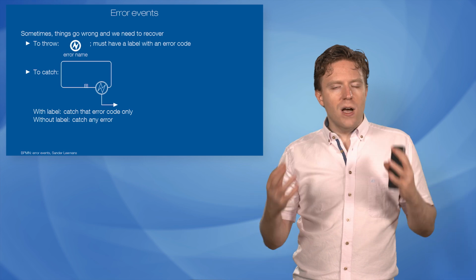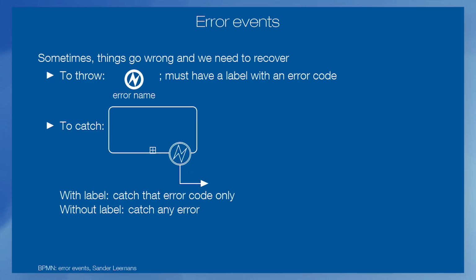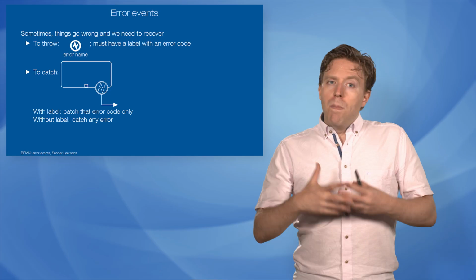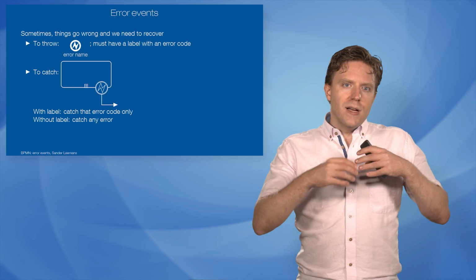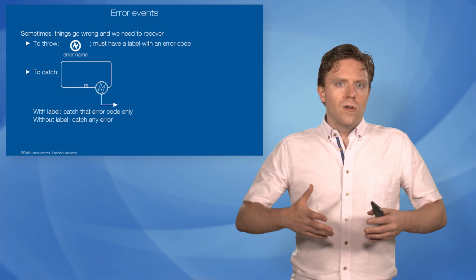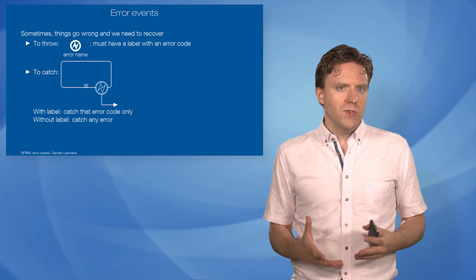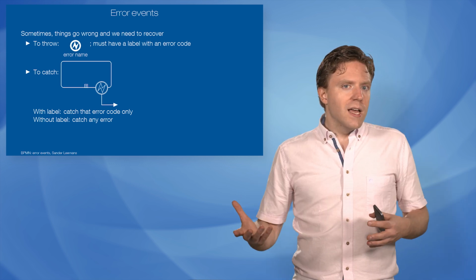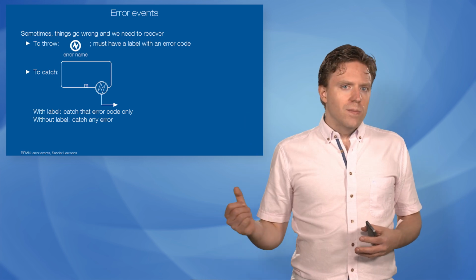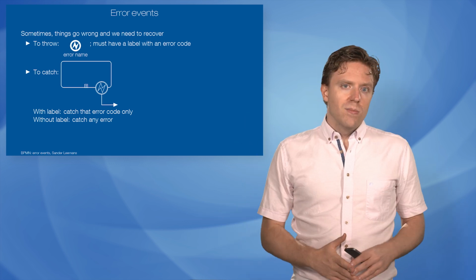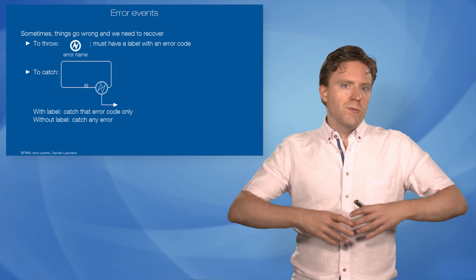So whenever a child throws an error, it propagates up the chain, up the hierarchy of processes, up to the first parent that has an error handling boundary event. A boundary event can come either as a labeled one, so then you indicate the error that this error event must capture. So if it has a label, it will only capture that label. If it does not have a label, then such an event will capture any error.